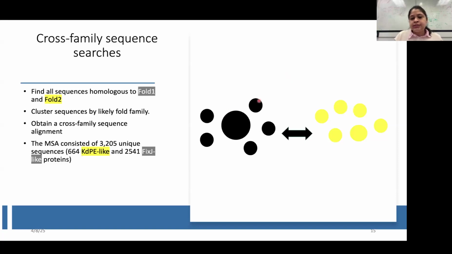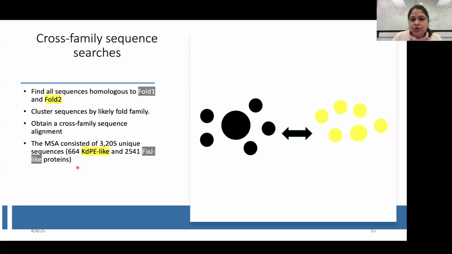So these are the sequences that belong to fold 1. These are the sequences that belong to fold 2. We cluster them, and then we compare them. We do cross-family searches to find enough sequences that represent both from these clusters and from these clusters. And after obtaining a cross-family sequence set and then performing an alignment, we had an MSA which consisted of around 3,000 unique sequences, which had 664 KdpE-like and around 2,000 FixJ-like protein sequences, which made sense.